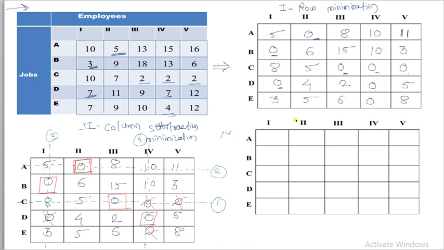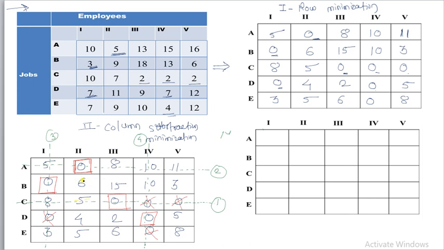In the next step, we have to select the smallest uncovered element. There are 3 categories actually. Covered means the numbers through which a line has passed, so this 8 is covered, 0 is covered, 11 is covered.